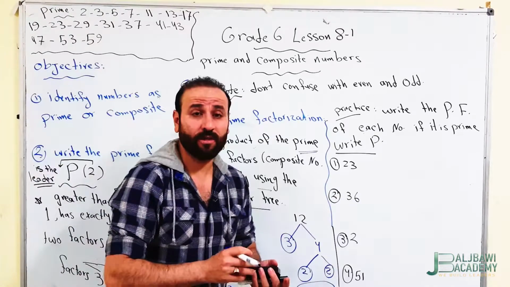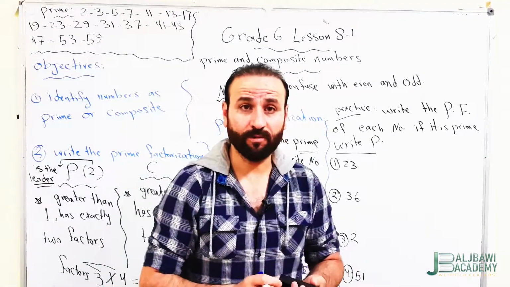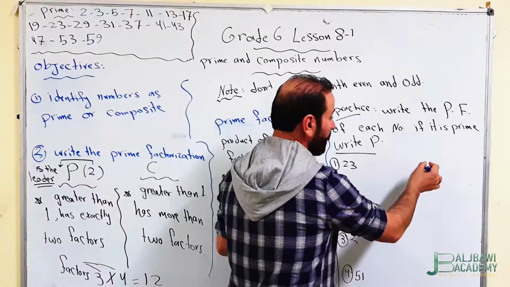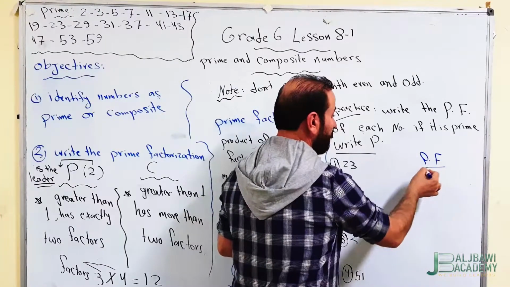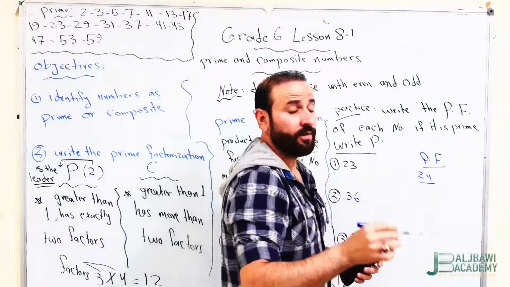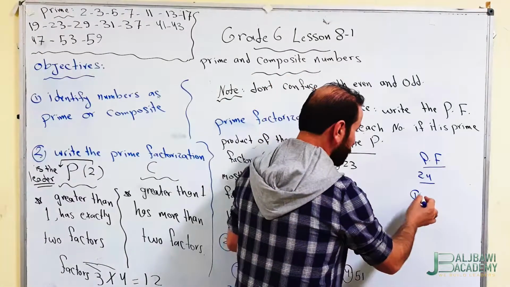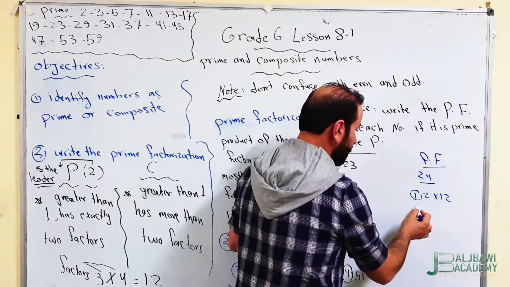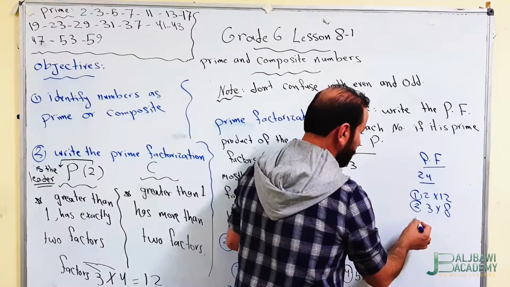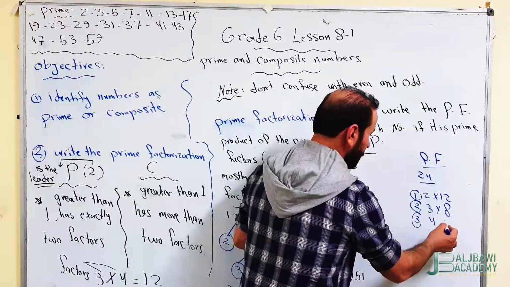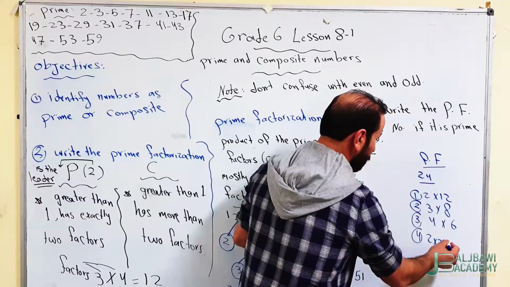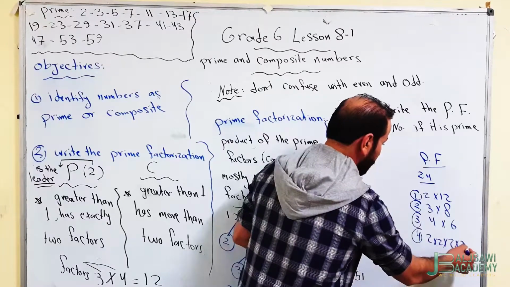Now let me ask you a question and give you time to answer it, then I show you the answer. If I write the prime factorization of, let me say, 24, I give you choices: 2 times 12, 3 times 8, 4 multiply 6, or the choice 4, 2 multiply 2 multiply 2 multiply 3.